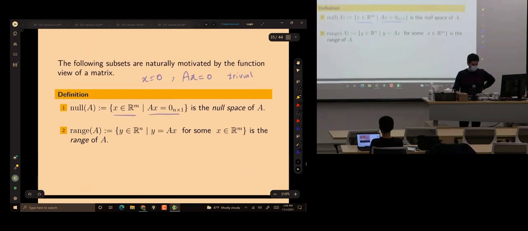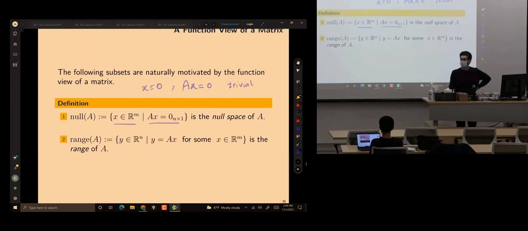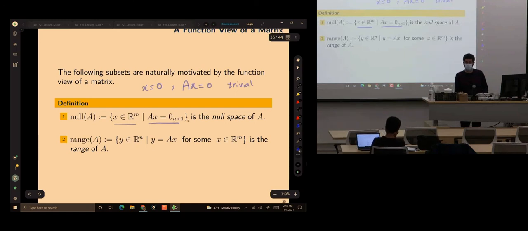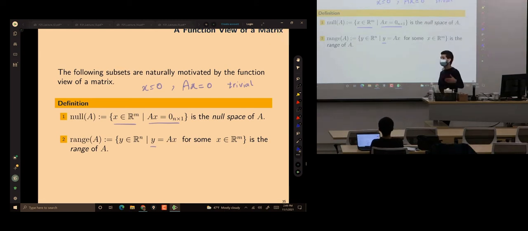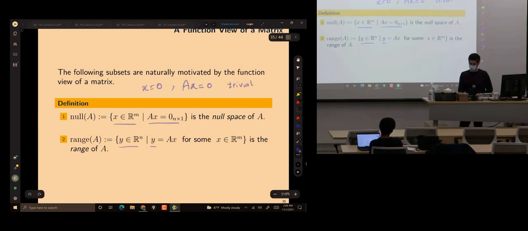So the second one was range of A. Range of A is when you don't get 0, right? Because you can also get just another vector. So when you get 0, you get null space. When you don't get 0, whatever possible value you might get for y in Rn, that's the range of A. And at most it can be Rn, but it can be a subspace of Rn.